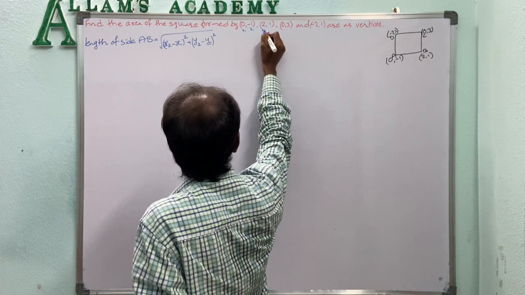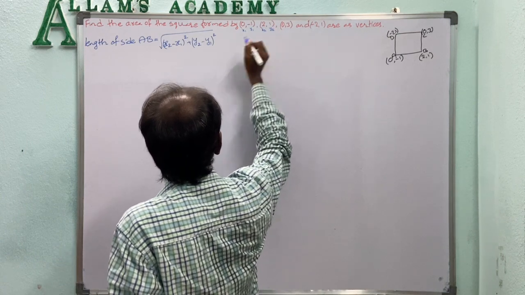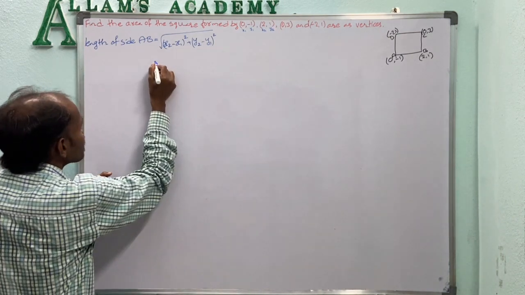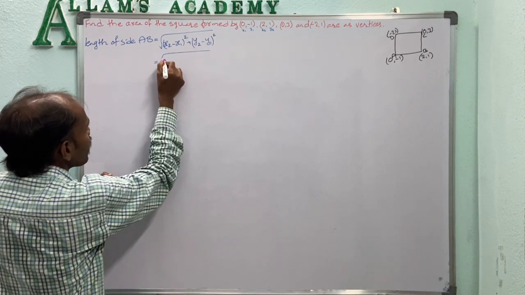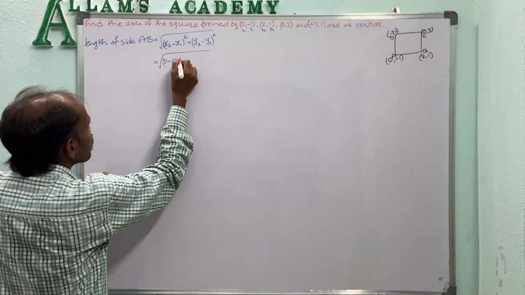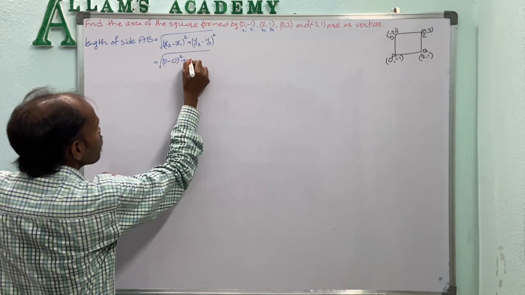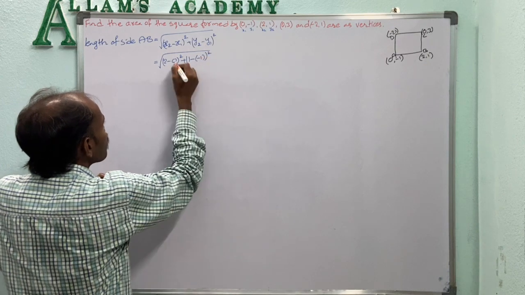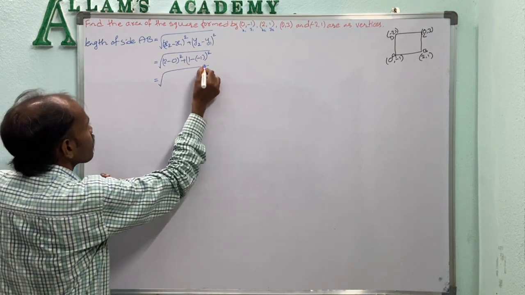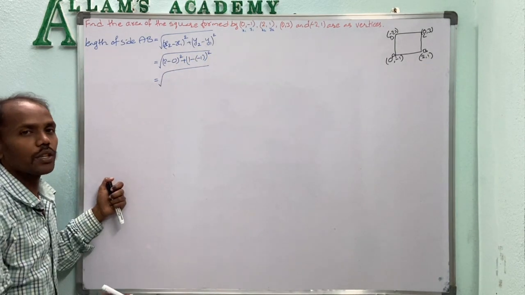-1 and x2 is 2 and y2 is 1. That is equal to under root (2 minus 0) whole square plus (1 minus (-1)) whole square. So 2 minus 0 is equal to 2, and 1 minus (-1) equals 1 plus 1.